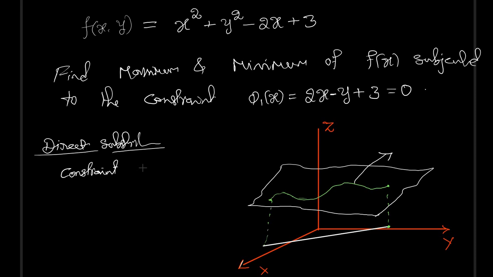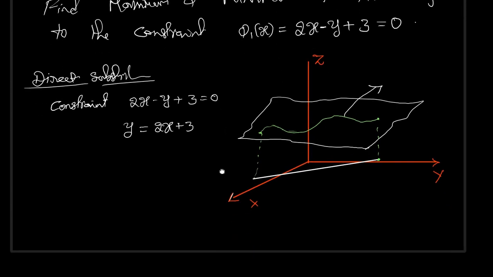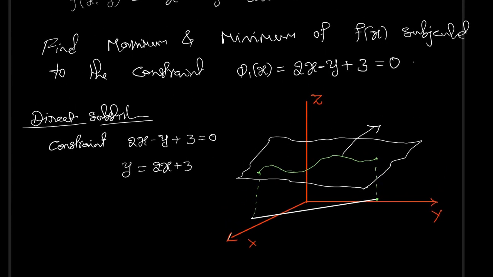So the constraint is nothing but 2x minus y plus 3 equal to 0. It means from this I can write what y is. y is nothing but 2x plus 3. So y is 2x plus 3. So this is the constraint.